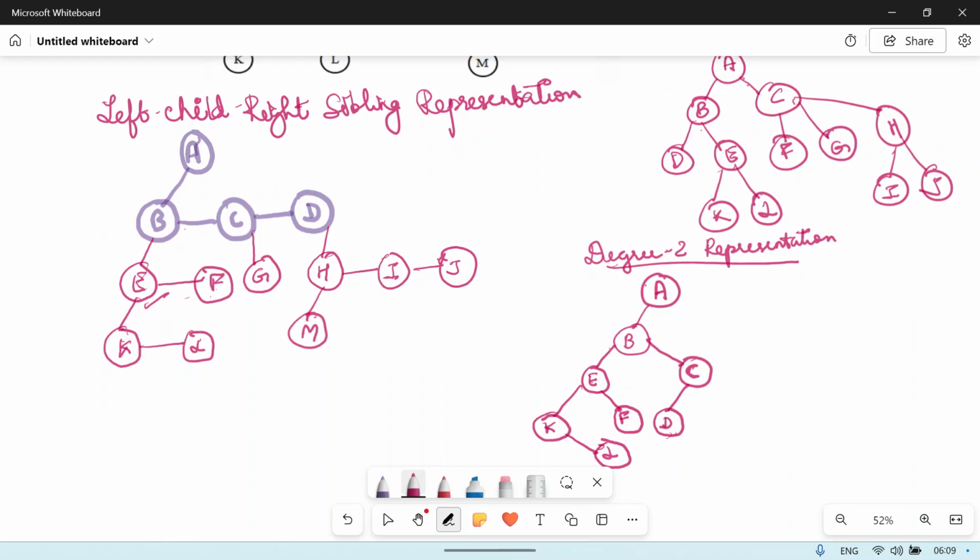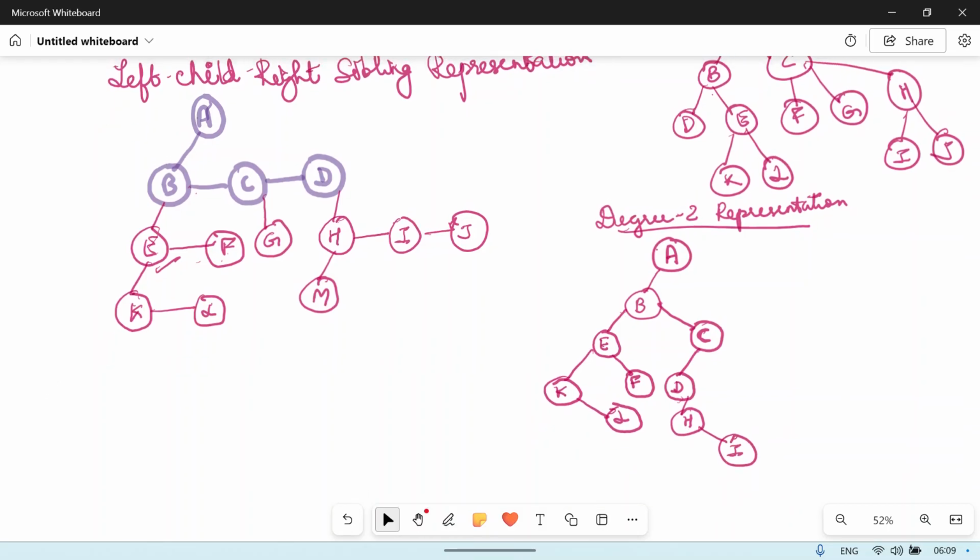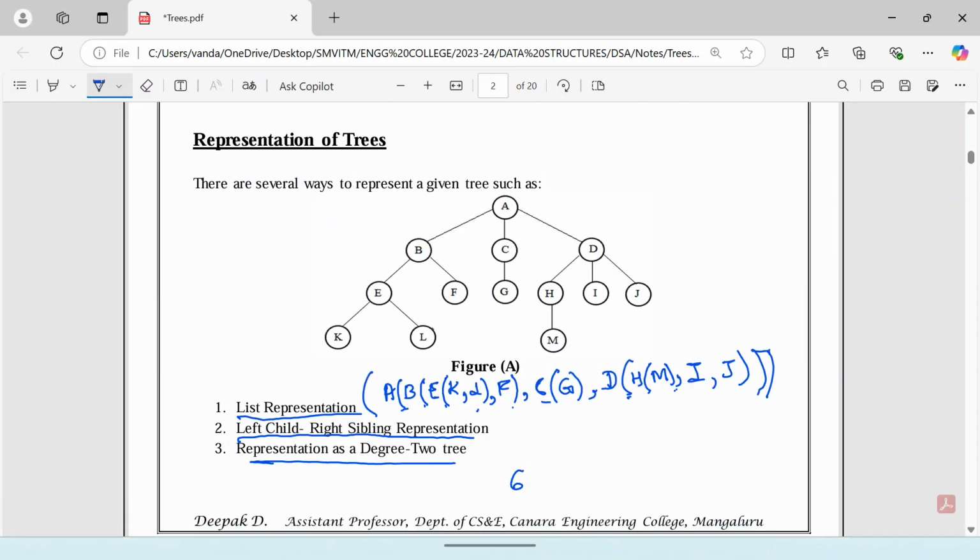Next comes D. D's left child is H. Now what you do is, you tilt I, so it will come here. Now, what do you do for the J one? See here.